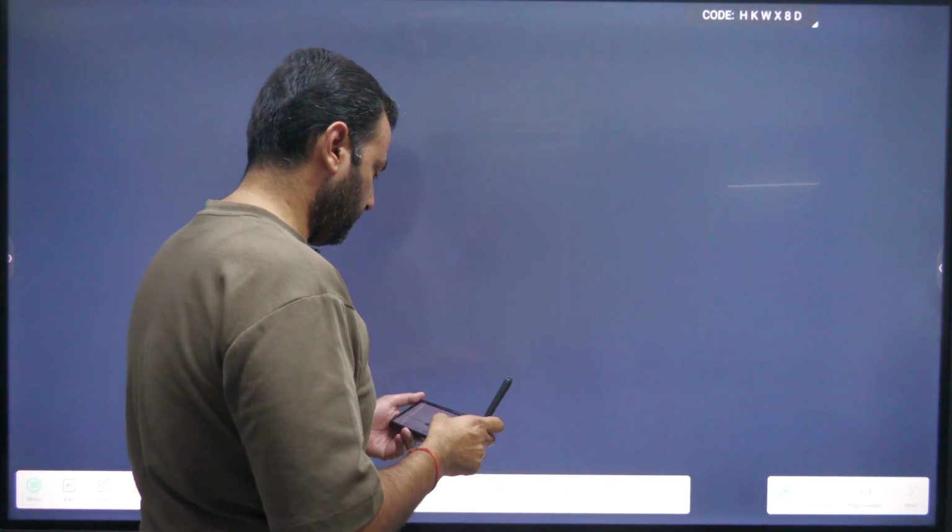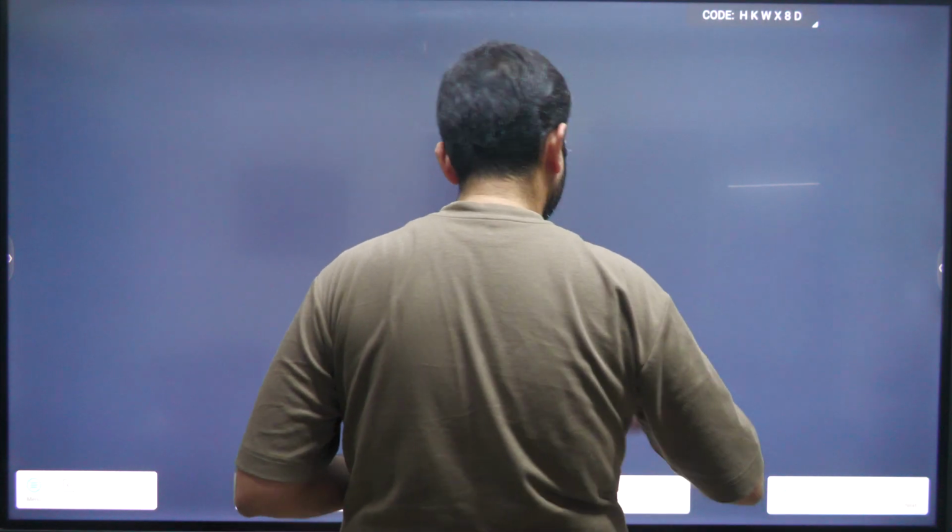We are on page number 12 of the notes. AC circuit containing only an inductor.